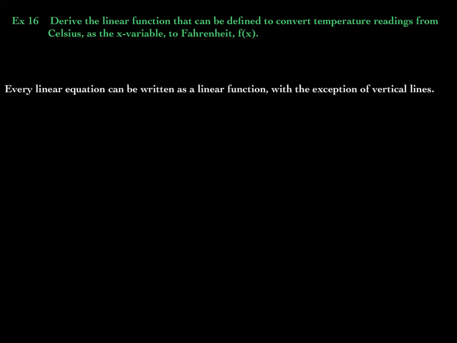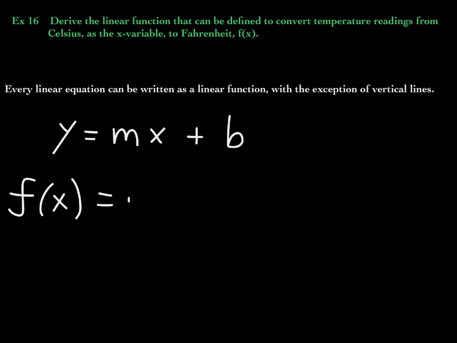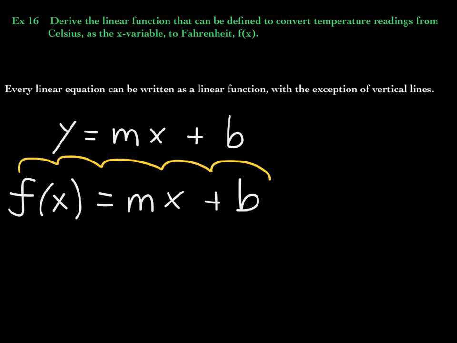What this means is instead of writing y = mx + b, what I can do is write it using function notation. f(x) = mx + b. This is not a linear equation per se, this is a linear function. Here, remember f(x), this notation just represents y.